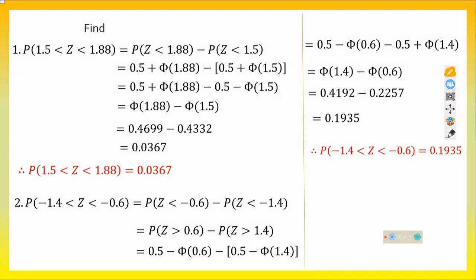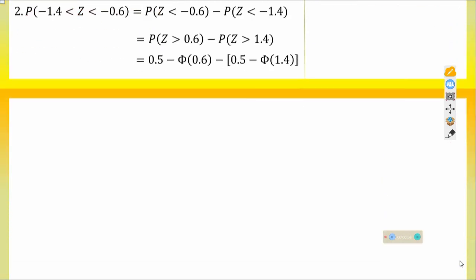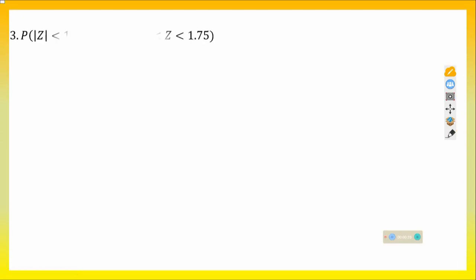In our next example, we shall talk about an example involving a magnitude. So let us look at this one here. Probability of magnitude of Z less than 1.75. By definition, you can write it as probability of negative 1.75 less than Z less than 1.75.